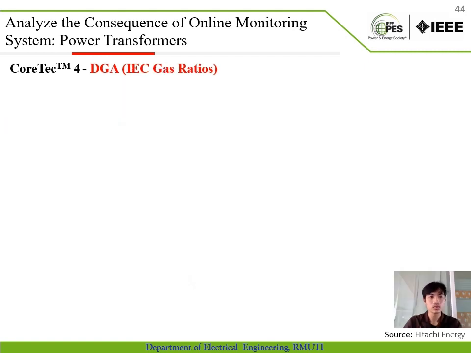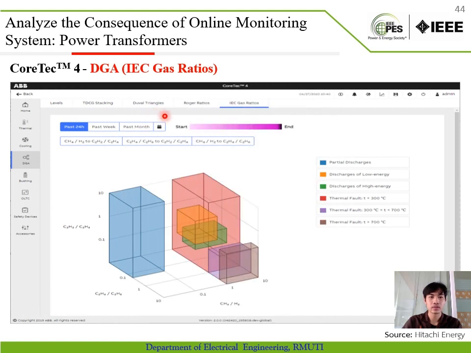table. Dissolved gas analysis by IEEE gas ratio is represented by a cube block, and takes the three ratio gases for analysis of the internal fault of power transformer such as partial discharge, low energy, high energy, and thermal fault.